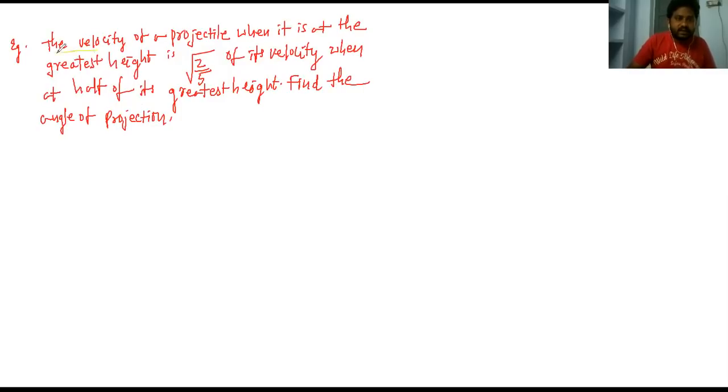The velocity of a projectile when it is at greatest height. So projectile at the greatest height, we know the concept here. So at the maximum height, the velocity is only u cos theta. Will you agree with this? This u cos theta is root 2 by 5 times of its velocity at half of the greatest height.